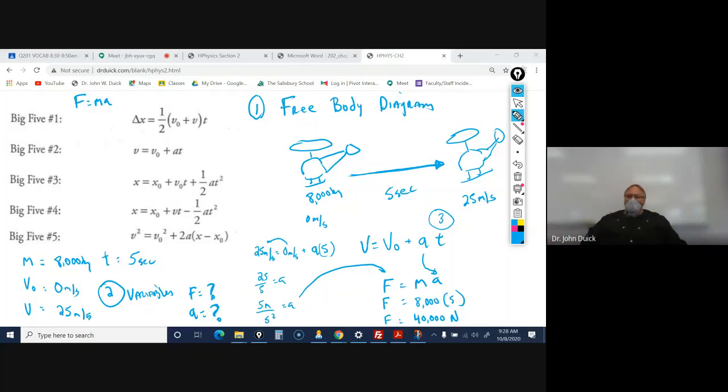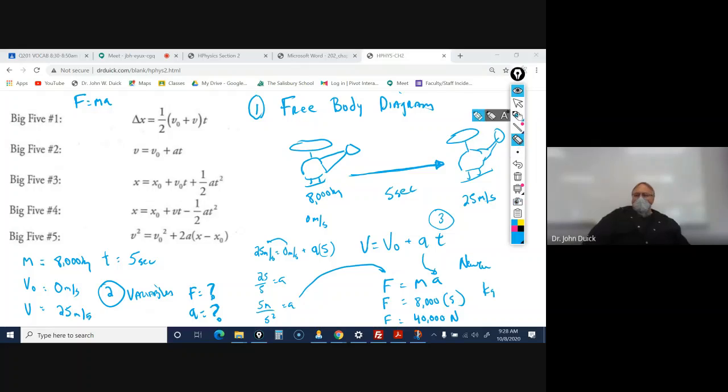So the net force is 40,000 newtons? Yeah, 8 times 5, 40,000 newtons. So what are the units for force? It's newtons, okay? And based on this definition, this is seconds, right? 5 seconds. It is actually kilograms, right? I'm sorry, this is meters per second squared.